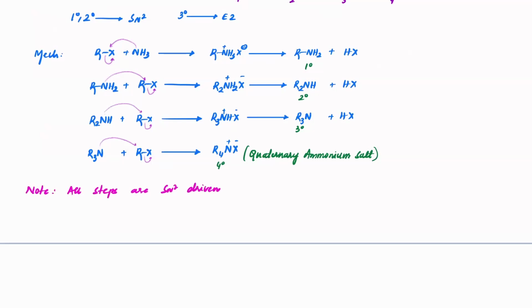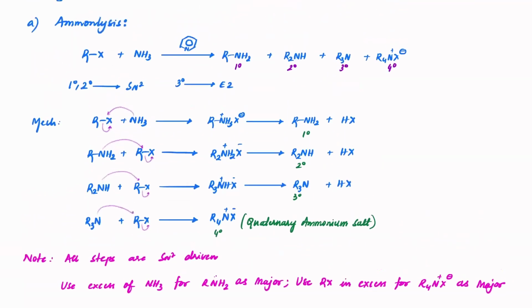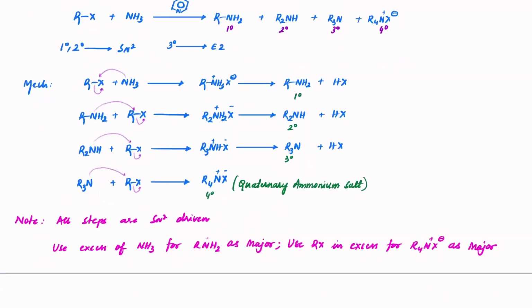Clear? And if you use excess of ammonia, primary amine will be the major product. And if you use alkyl halide in excess, then quaternary ammonium is the major product. So simple: if I take ammonia as excess, primary will be major. If I take alkyl halide as excess, quaternary will be major. Please check it out quickly.